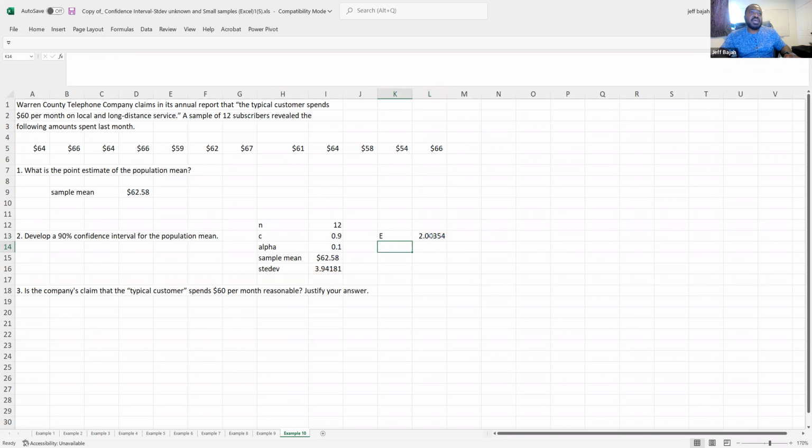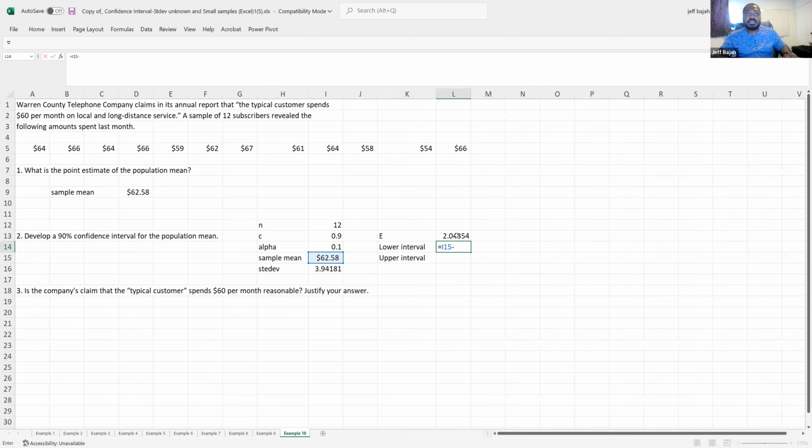And so our margin of error is $2.04. And so we're going to do a lower interval. For our lower interval, it's going to be our sample mean minus margin of error. And for upper, our sample mean plus margin of error.